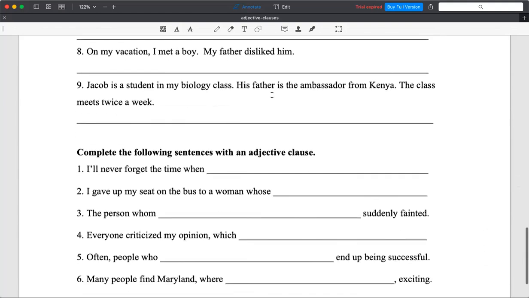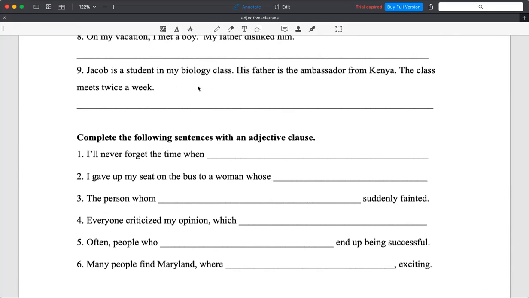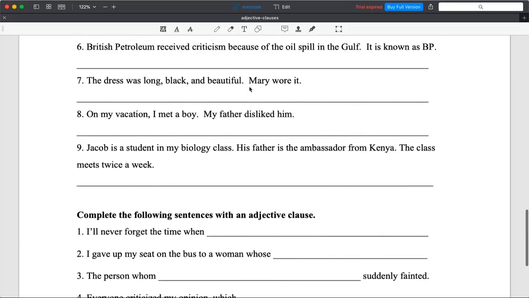Number 9, William. Jacob is a student in my biology class. His father is an ambassador from Kenya. The class meets twice a week. That's a complex one. Jacob is a student in my biology class whose father. Very good, William. But whose is spelled W-H-O-S-E, no apostrophe, and is one pronoun.